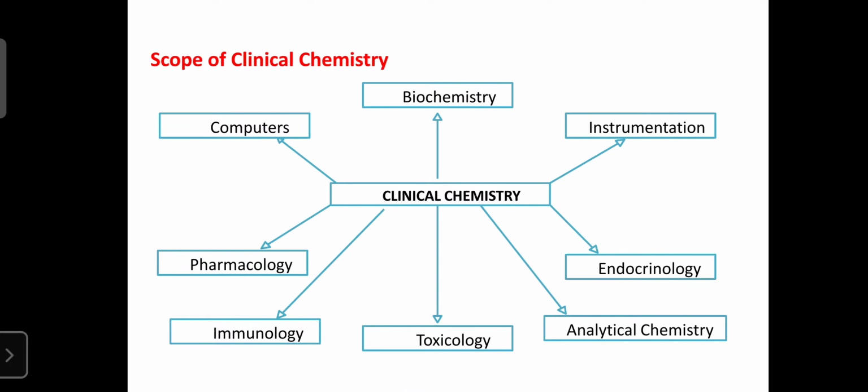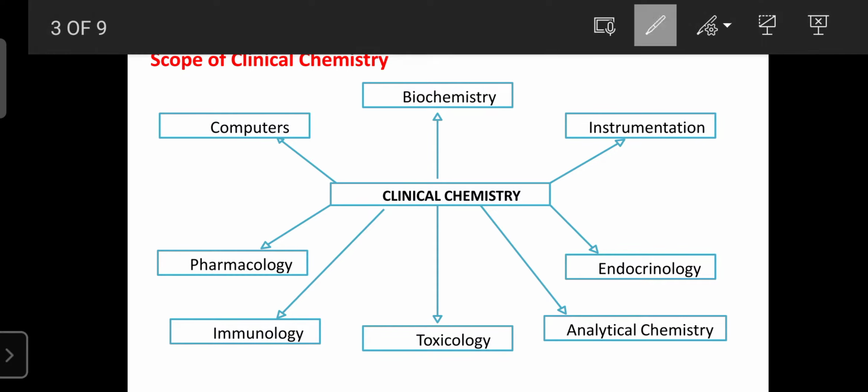Regarding the scope of clinical chemistry, it has a huge scope. It has scope in biochemistry, which is helpful to study biochemical reactions, the study of biochemical processes in our body.